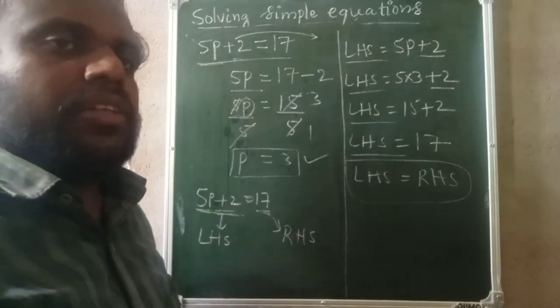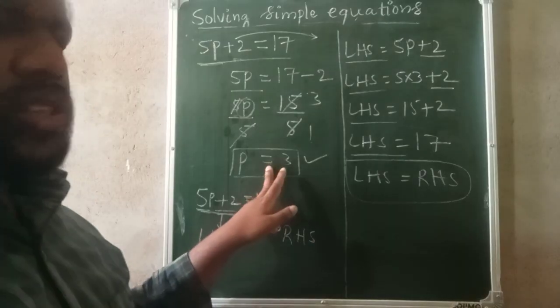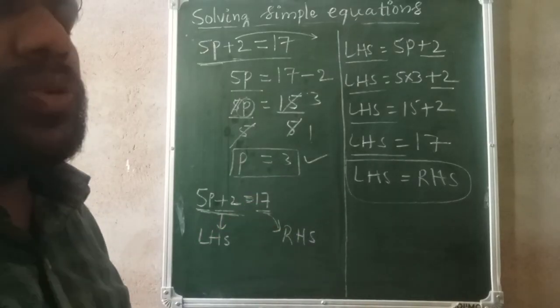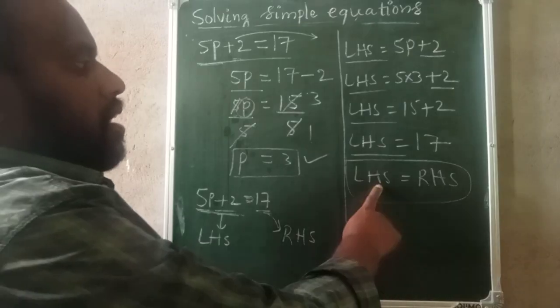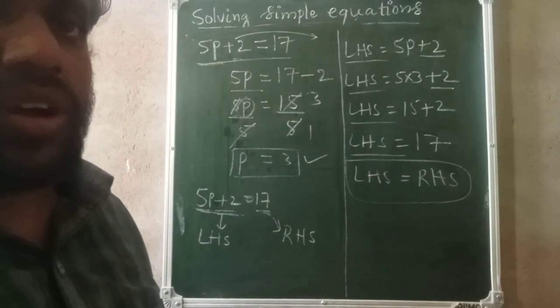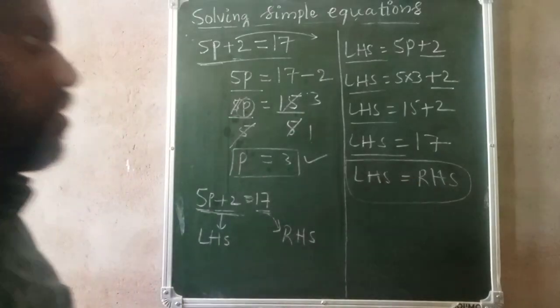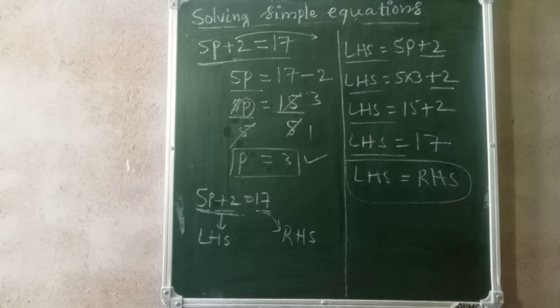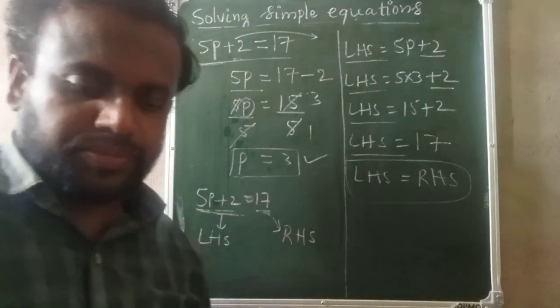So when LHS is equal to RHS, that means this answer is correct. p is equal to 3 is the correct answer. In case LHS is not equal to RHS, then the answer is wrong. But here we got LHS is equal to RHS. So p is equal to 3 is correct. So this is the correct answer.